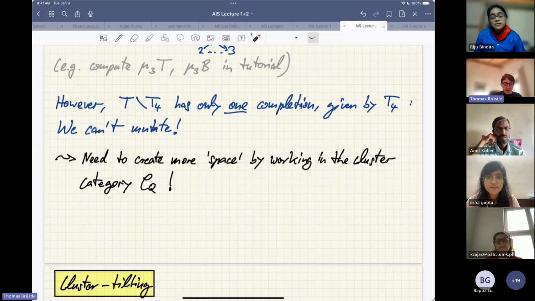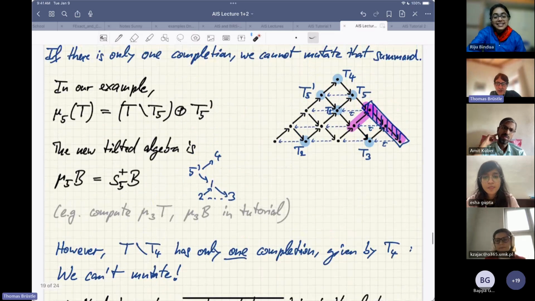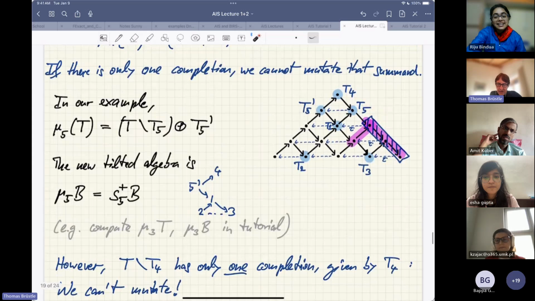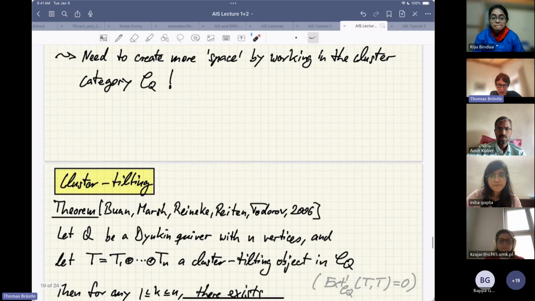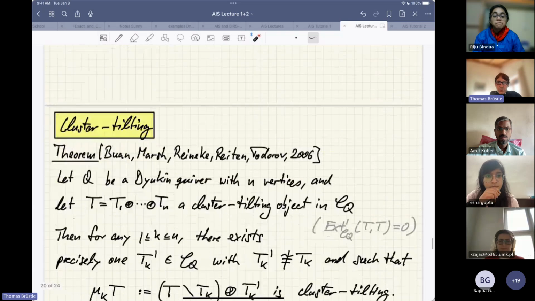We have to work in a larger category so that we do find another object that can play the role of the new object when we want to mutate. But I have got only 5 minutes. I don't think I really want to go into the cluster tilting story. I will do that tomorrow.